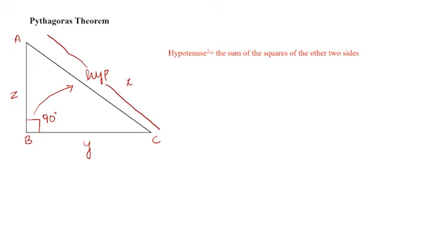It says that x square is equal to y square plus z square. This is what the theorem states, and this is the equation. It is a simpler way to understand. It means the hypotenuse square is equal to the sum of the squares of the other two sides.